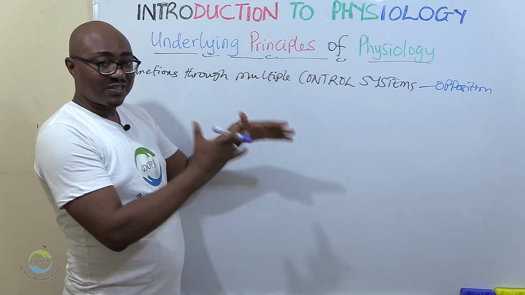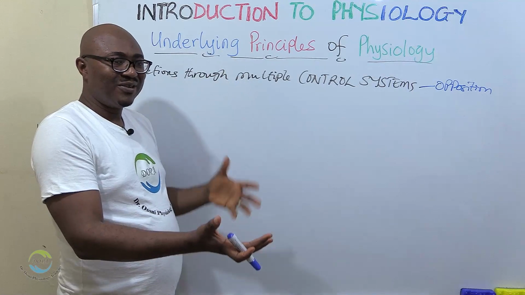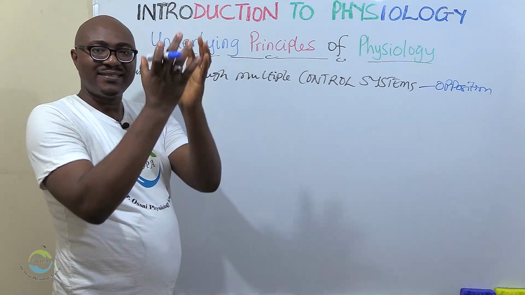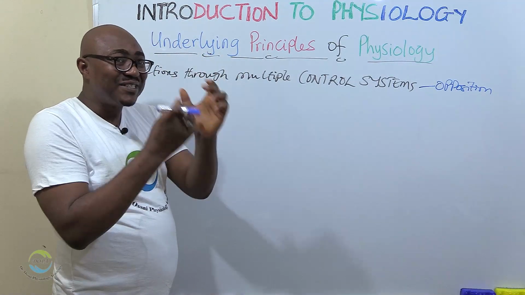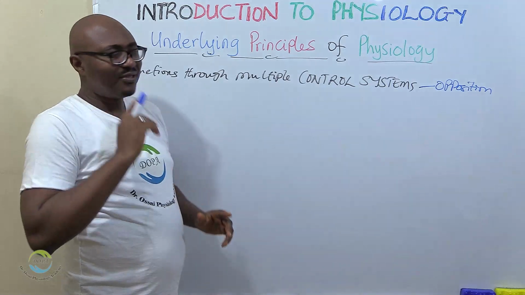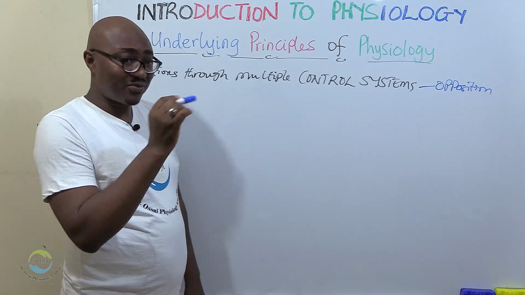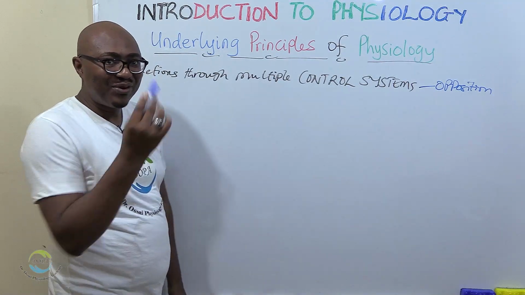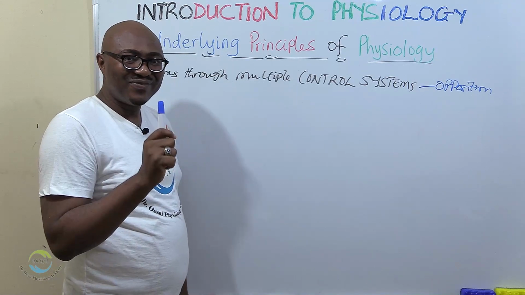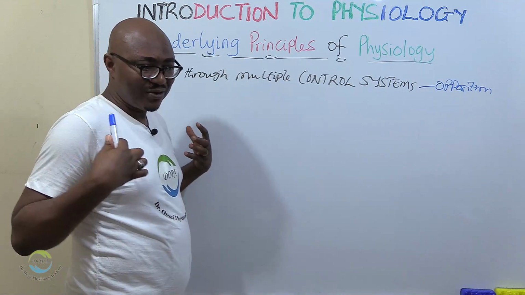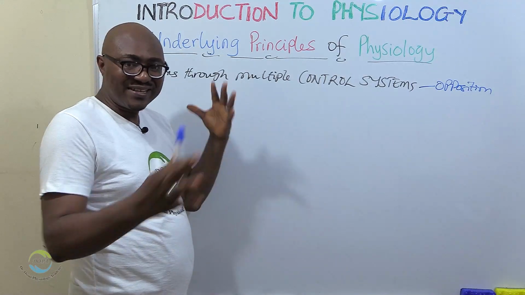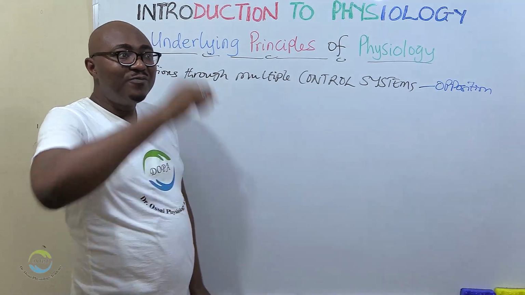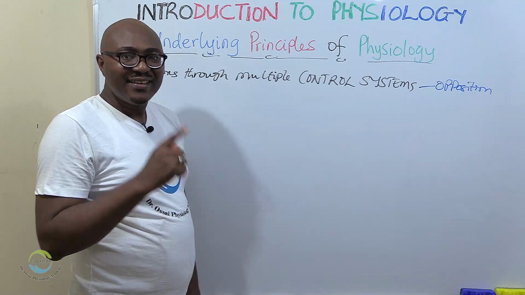So 2 forces are involved. One is trying to bring a certain, we call it physiological variable. Let me just give you an example quickly so you understand what I mean by physiological variable. For example, blood pressure is a physiological variable. It's needed to help push blood to every part of the body. But if blood pressure goes too high, there's a problem.